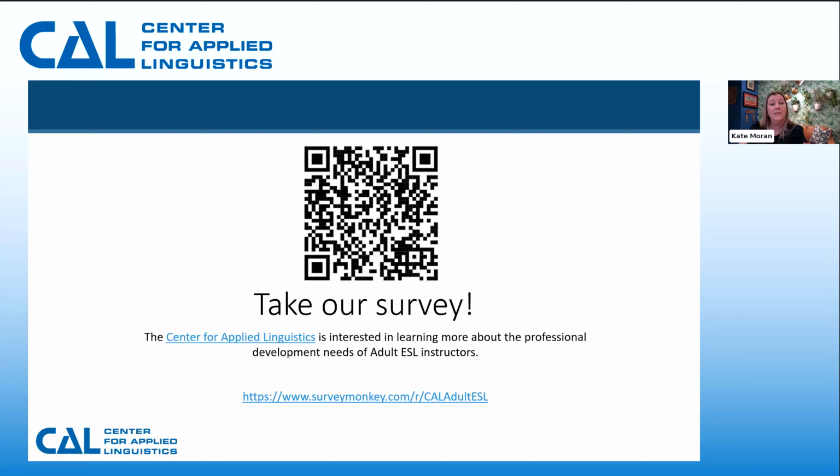Somebody had asked, I don't know if they're still on, any suggestions for sharing objectives with a low level class? Yes, and in fact, maybe for the next time we can model that for you. You may not be ready for words like evaluate or categorize, even if that's what they're going to be doing. But there are ways to scaffold your lesson objectives with images.